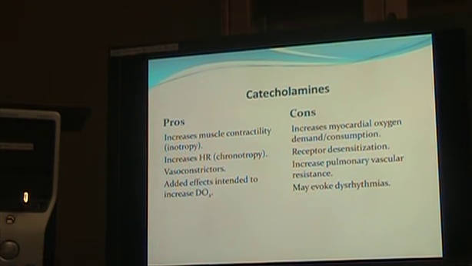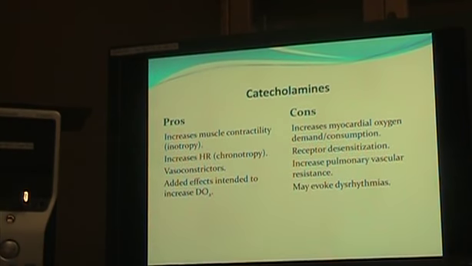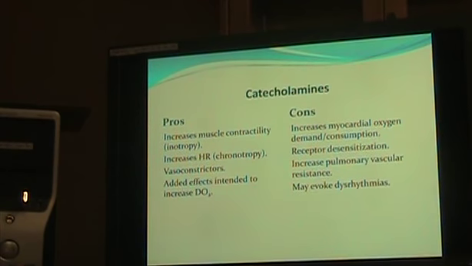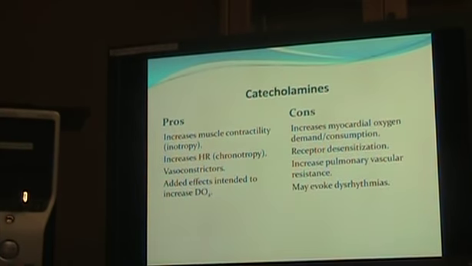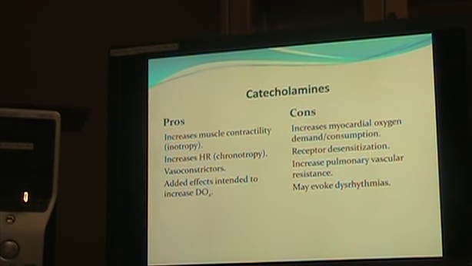So catecholamines will help, as we talked about earlier, to squeeze the muscle. They will help increase the heart rate. They can also vasoconstrict. And the whole idea about adding catecholamines is to increase the delivery of oxygen. But catecholamines, imagine your endogenous catecholamines. You've seen a bear, and you can imagine what that does to your body. Well, the same thing happens with exogenous catecholamines.